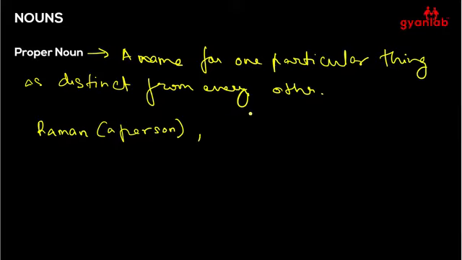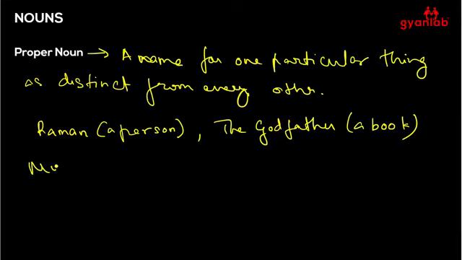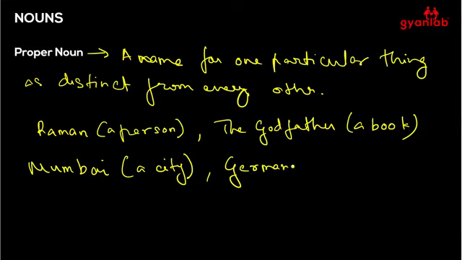Or if you take the case of the book The Godfather, it's a specific book, and it is the name of this particular book. Or take Mumbai. Mumbai is a city, and not just any city, but a specific city. Or take Germany, a specific country.